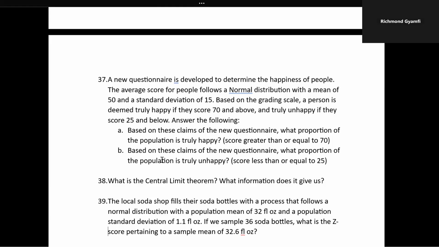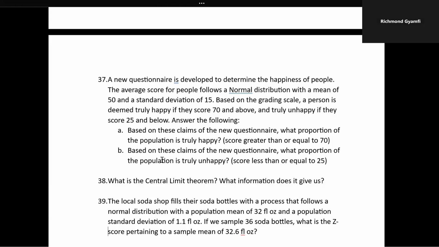So right there, it gives you a clue. Score is greater or equal to 70, which means 70 or higher. So that is the area to the right of 70. But we want to change 70 to a standard normal distribution first.